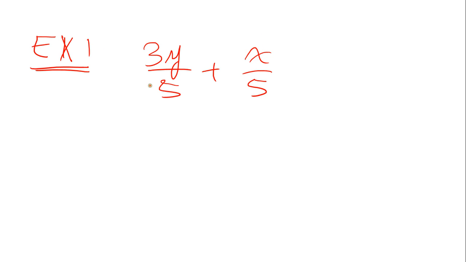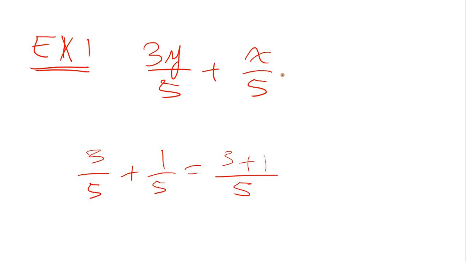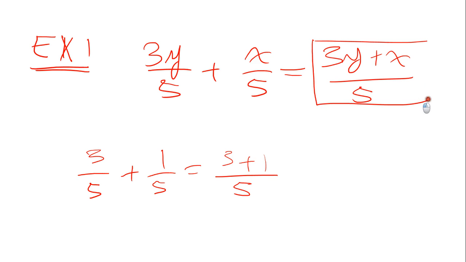Just as with 3/5 plus 1/5, we'd add that and say this is 3 plus 1 over a common denominator of 5. Usually we don't have a common denominator and want to find one, but in this case we have it, so we can just add the tops. So we have 3y plus x over 5, and that's basically it.